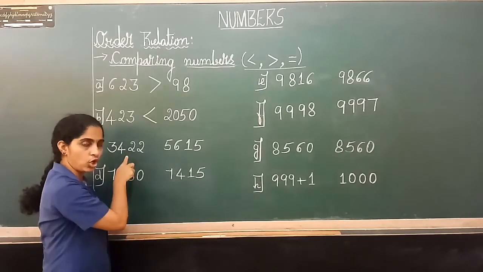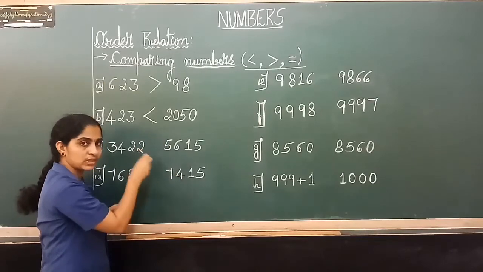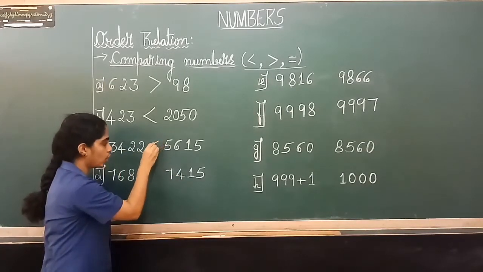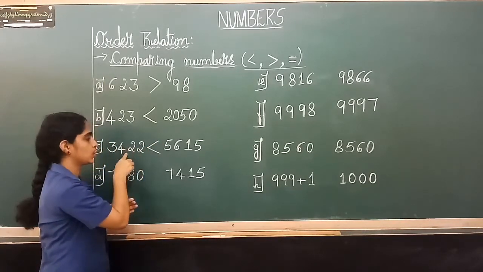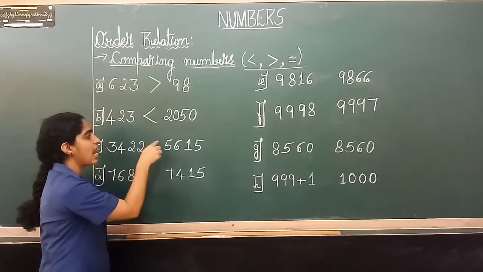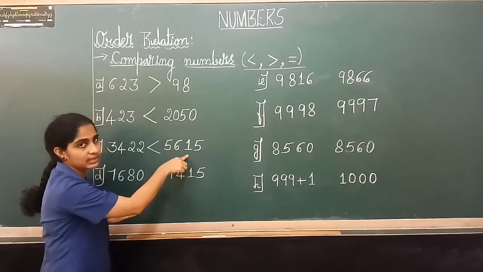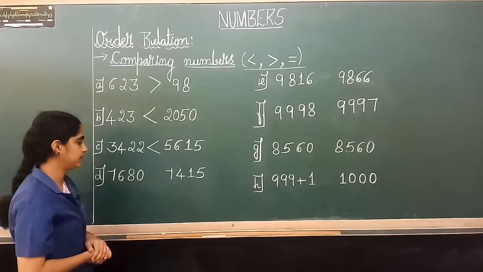As 3422 is smaller compared to this number, we have to put the closed end towards this. So closed end towards the smaller number and open end towards the greater number. Let's move to the next example.